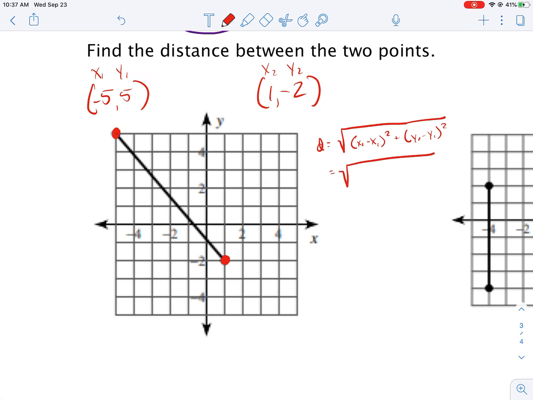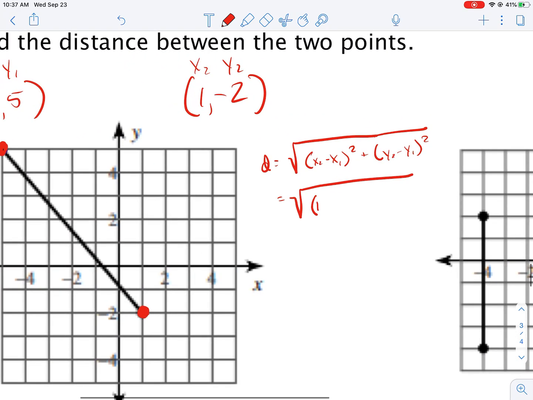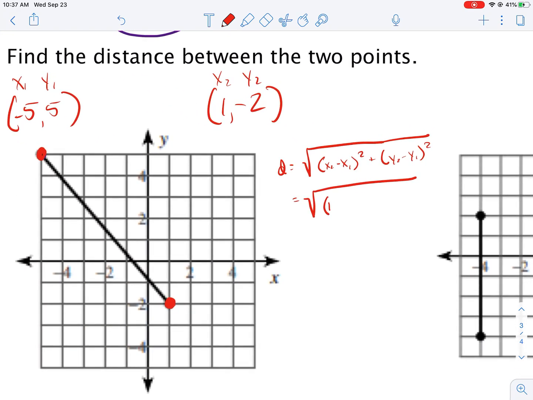Fill in the blanks. So I'm going to go 1, x2 minus x1, so put that in parentheses, square, plus y2, negative 2, minus y1, which is 5, squared.